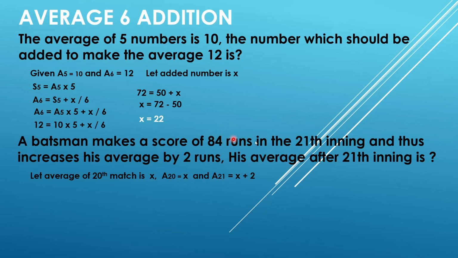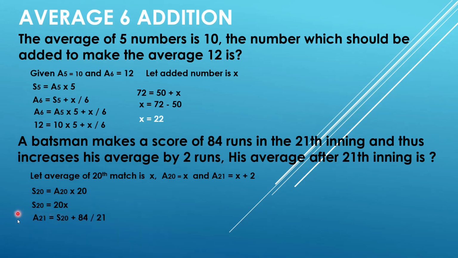After adding this number, the average increases by 2 runs, so A21 is equal to x plus 2. First we can check S20. S20 is A20 into 20, the average of 20 into 20. A20 we have considered as x. So what will be the value of S20?